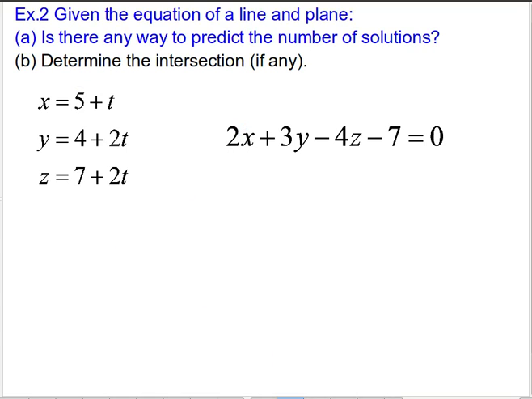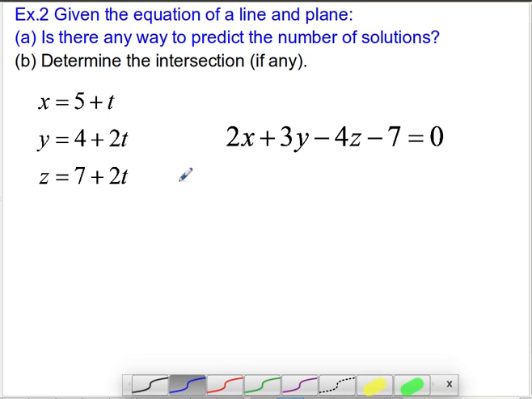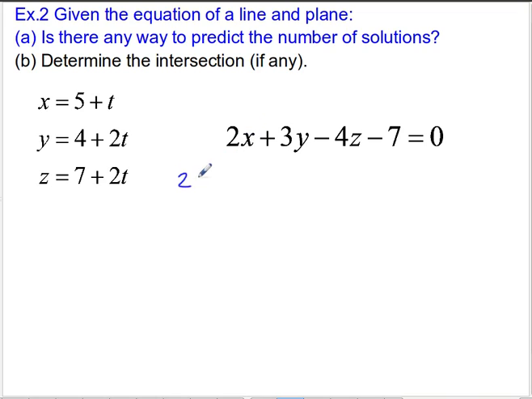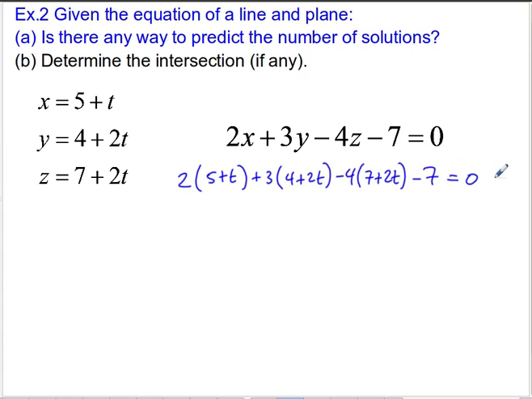We do it the same way we did in the previous question, which is to make a substitution. Instead of x, I'm going to write 2 times (5 plus t) plus 3 times (4 plus 2t) minus 4 times (7 plus 2t) minus 7 equals 0. Now I'm down to a single unknown, t.